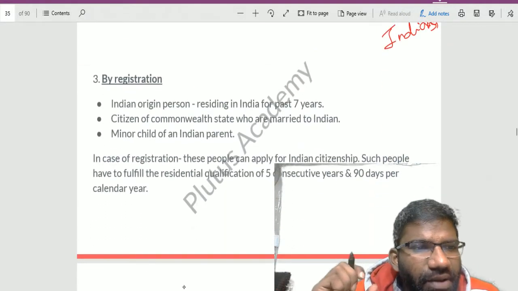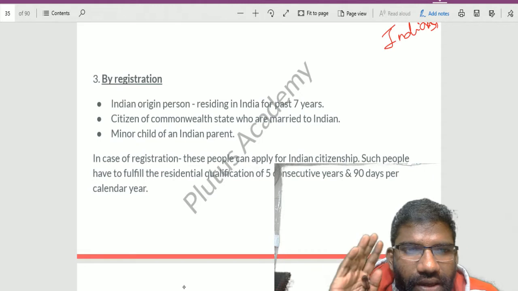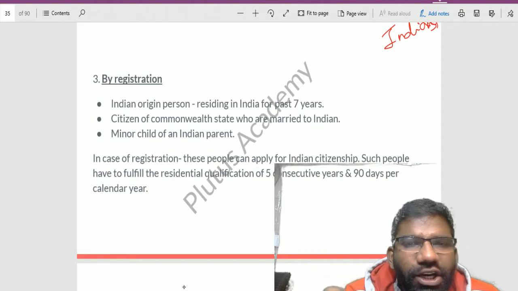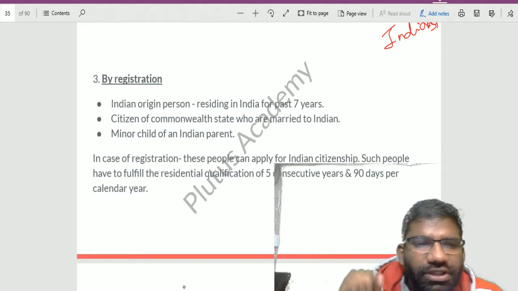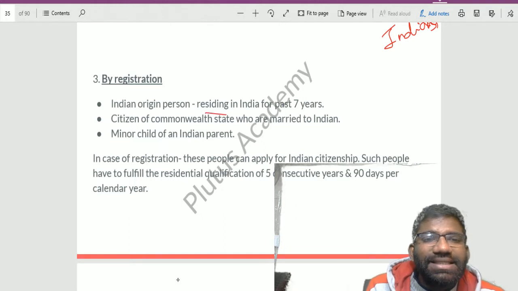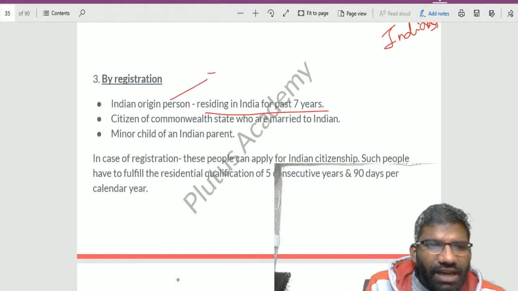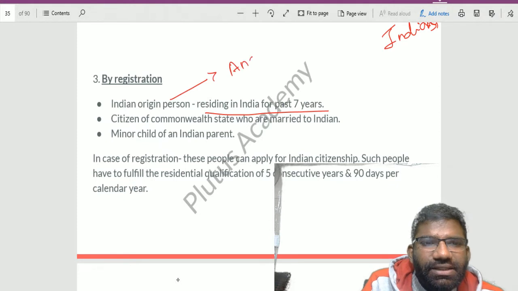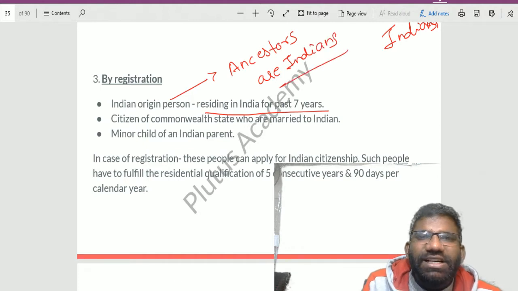Number three is by registration. A person of Indian origin residing in India for the past 7 years. Indian origin means ancestors are Indians.